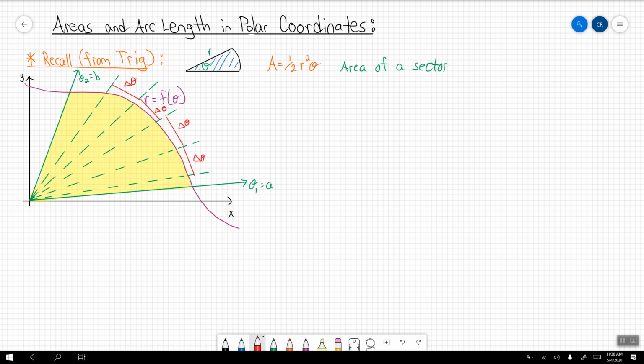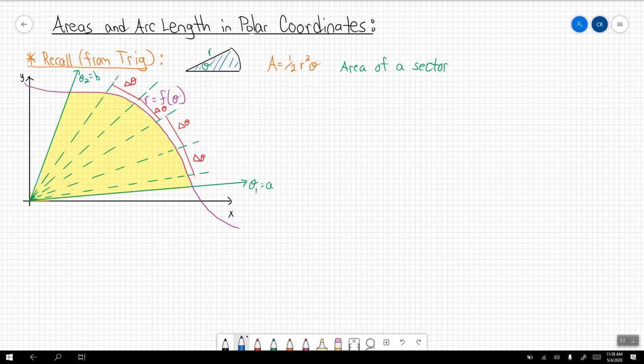What I want to do is pick a specific point or a specific angle within one of these sectors, and analyze that sector for that area.